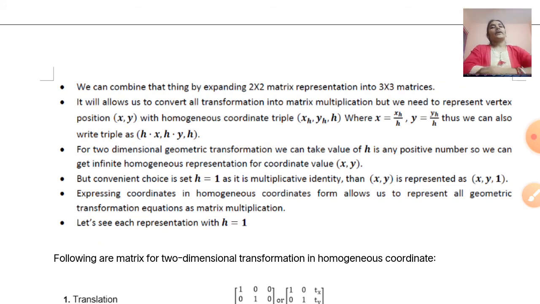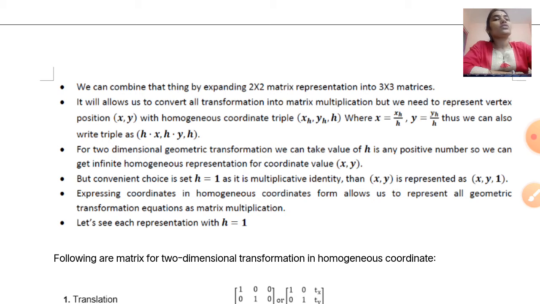We can combine that by expanding the 2x2 matrix representation into 3x3 matrices, which allows us to convert all transformations into matrix multiplication.